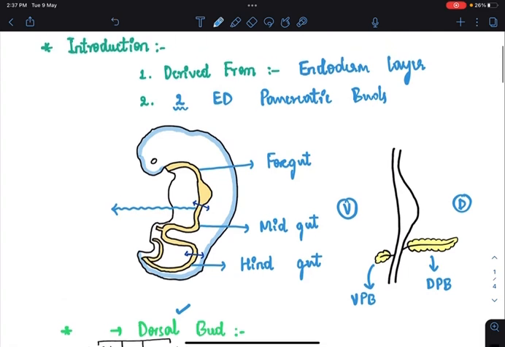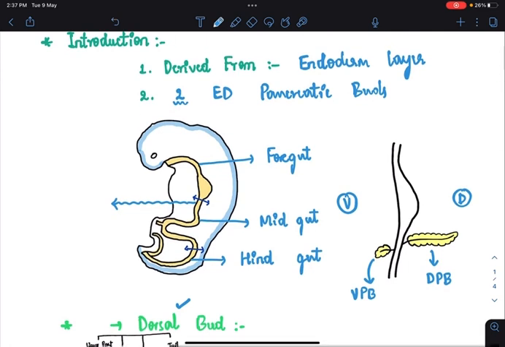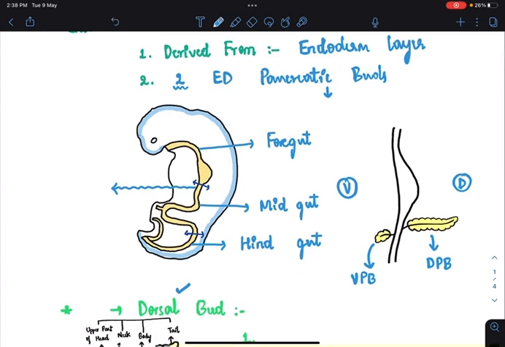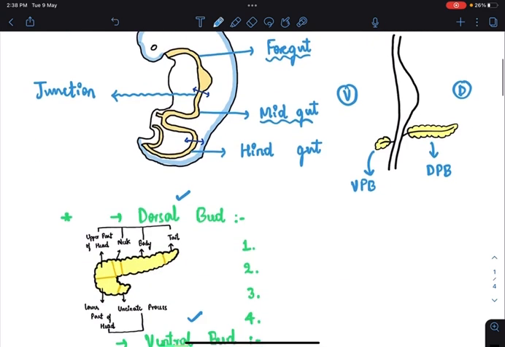As you can see here, the two pancreatic buds originate at the junction of foregut and midgut, okay? At this point, the two pancreatic buds develop.